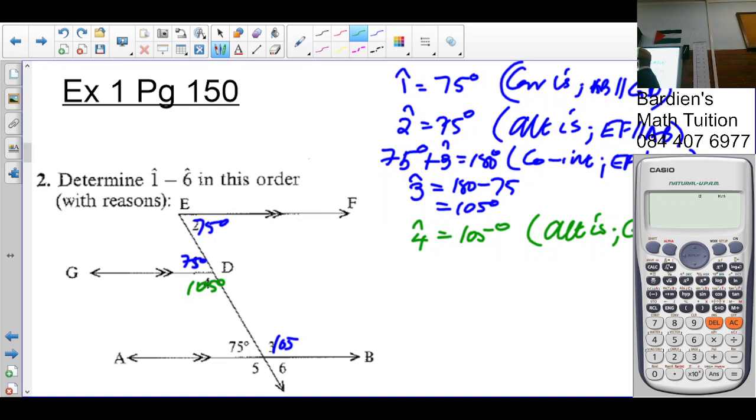Angle 5. Vertically opposite. As you can see, that angle is vertically opposite to that angle. Number 6. Why? Any confusion here?